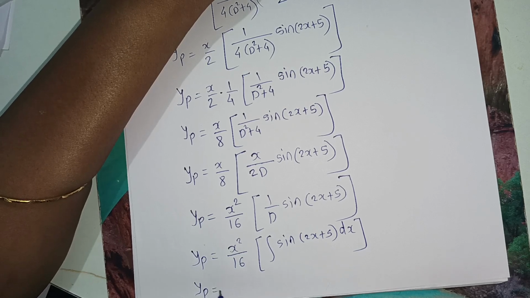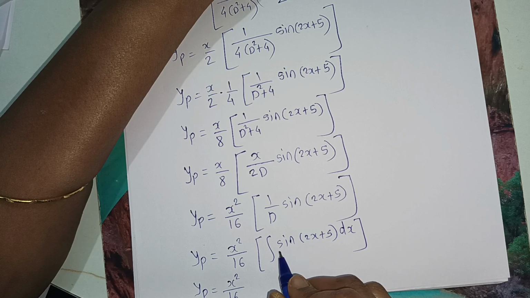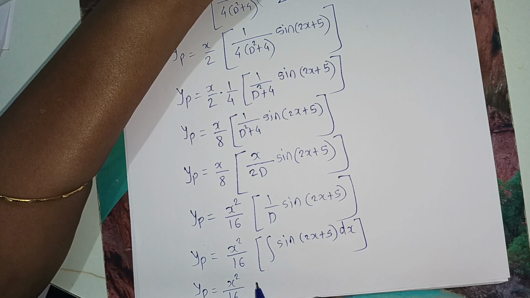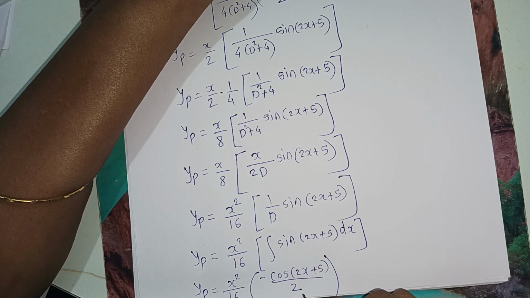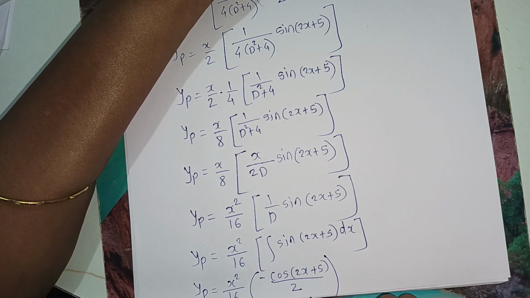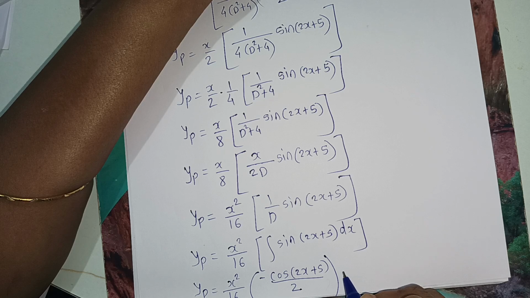Same thing, integration of sine is minus cos, so minus cos 2x plus 5 divided by 2. Okay, why divided by 2? Because after integrating sin ax we will have minus cos ax divided by a. So a is the multiple of the variable in the corresponding integrand angle. So yp is equal to minus x square by 32 cos of 2x plus 5.